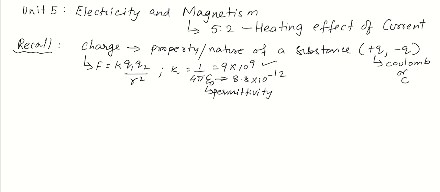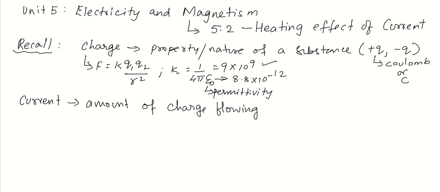In this particular topic, that is heating effect of current, we are going to focus on certain topics. So we are going to understand what exactly is current. Current is nothing but, we say, the amount of charge flowing per unit time.